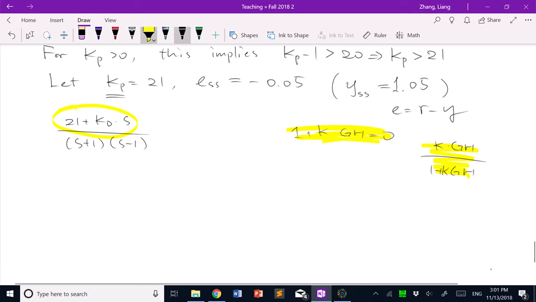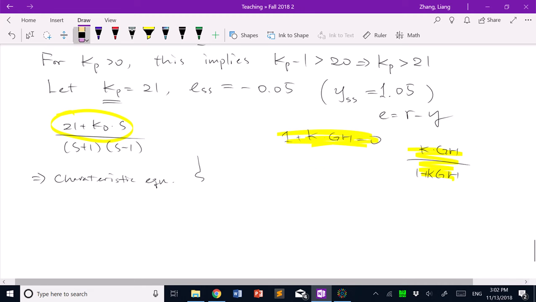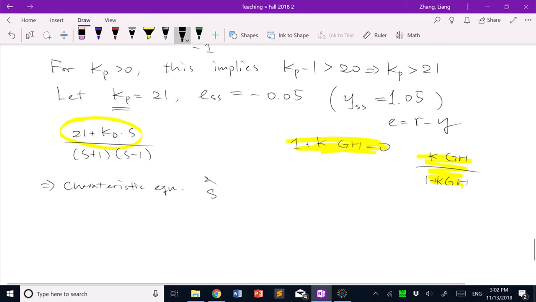So the way to overcome that is to find out the characteristic equation first, because the root locus is trying to solve for the closed loop poles, which will be S squared minus 1, and then plus 21 plus Kd times S equal to 0.